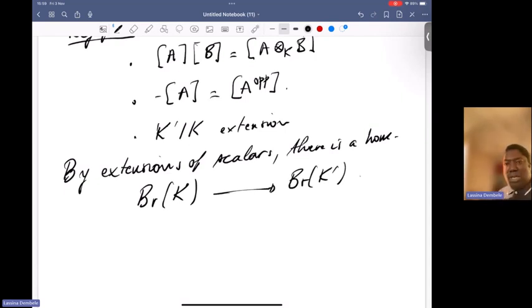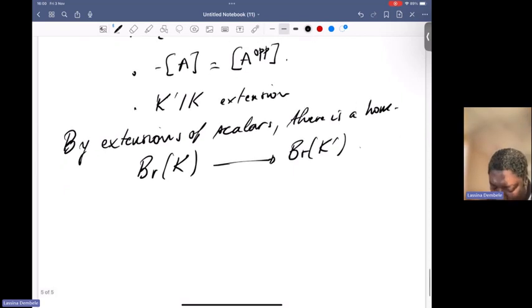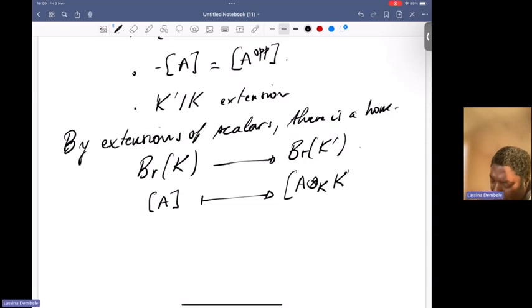Because remember, we proved that if you take a central simple algebra and you extend the scalar, you still get a central simple algebra. So that would be a group homomorphism. So this is the map.